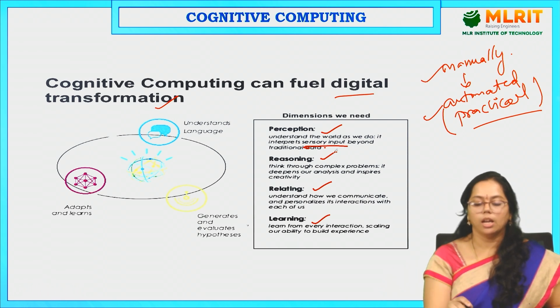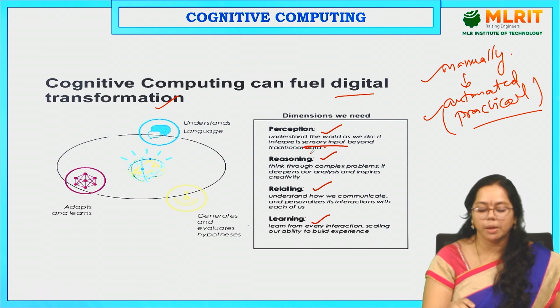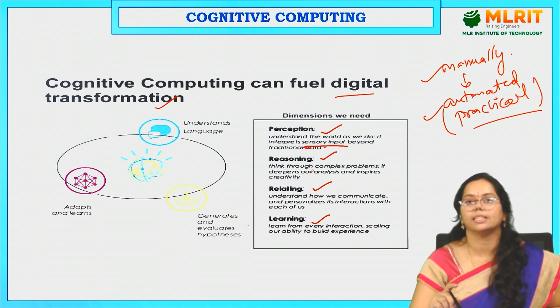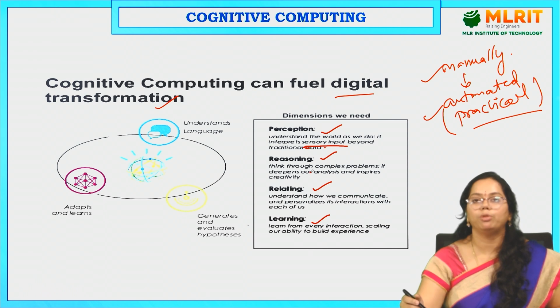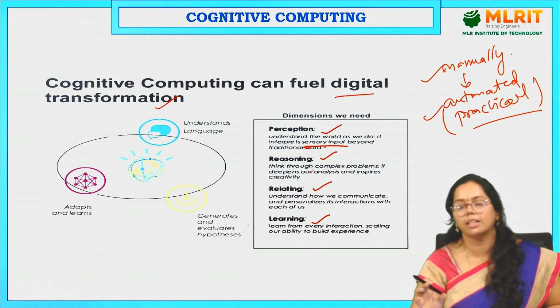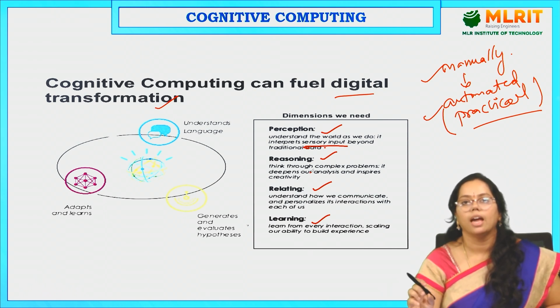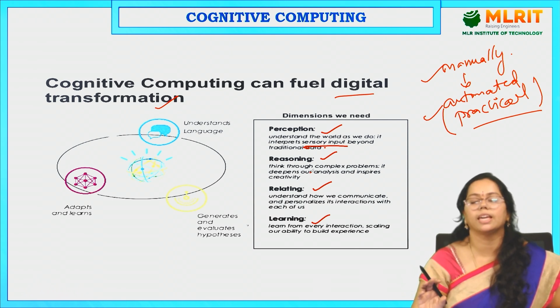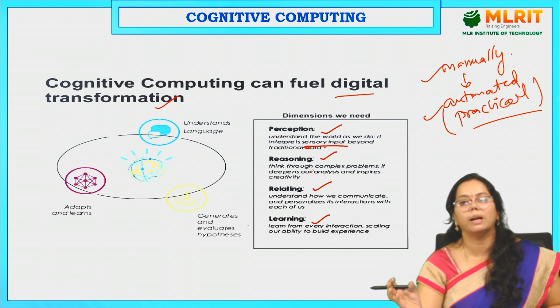Now, what is the other dimension? Reasoning. Reasoning deepens our analysis and inspires creativity. Say I have to do some research on cancer or any other disease. I will have some data wherein I need to analyze whether that particular disease can be cured with a few medicines or drugs.